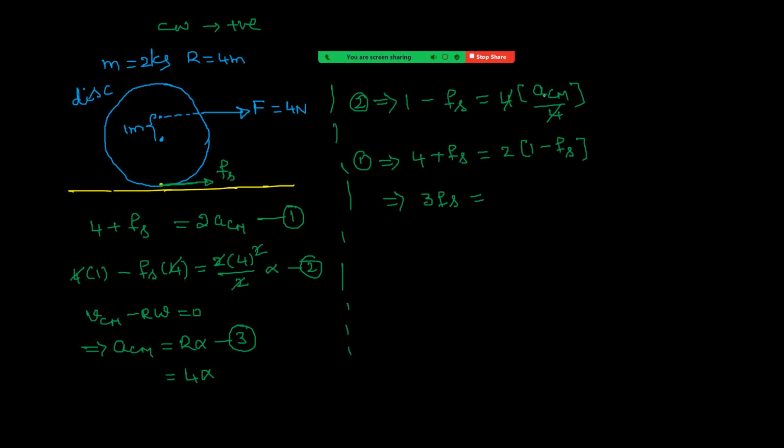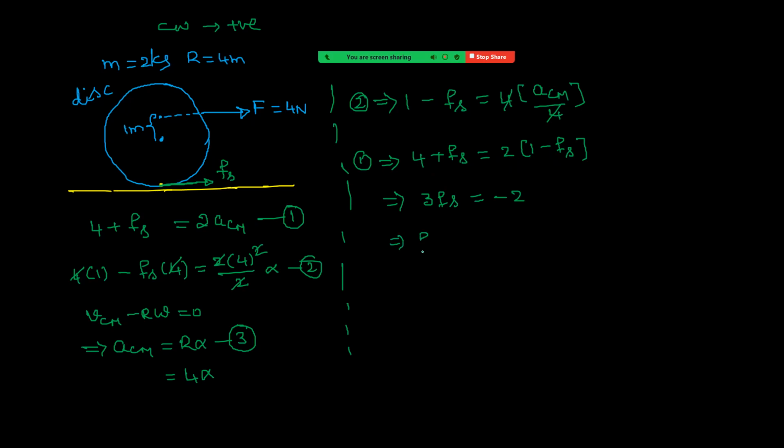In the place of alpha, ACM by R, 4 cancelled. ACM equal to 1 minus Fs. This is now 2. 2 into 1 minus Fs, minus 2Fs. Taking here 3Fs. This is a 4, coming to here minus 4. 2 minus 4, it is minus 2.